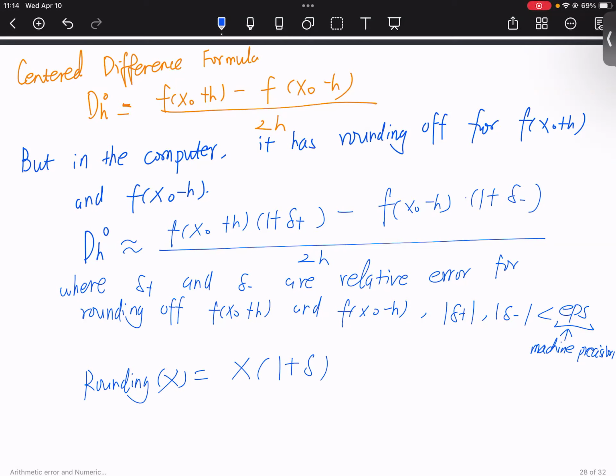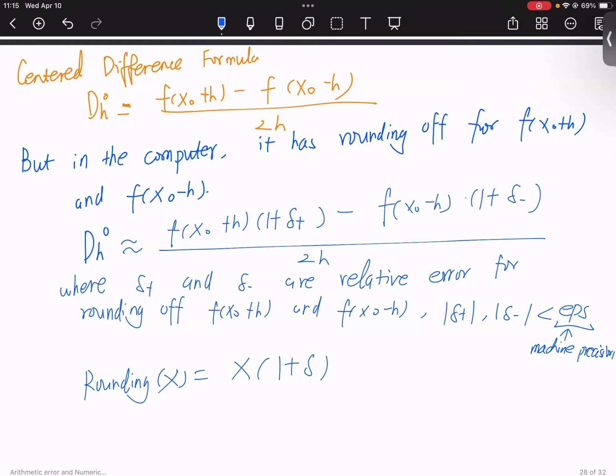Here I have two numbers, so I denote the rounding off errors for two different sides. The plus subscript is the rounding off error for this term, and the negative subscript denotes the rounding off error for this number.